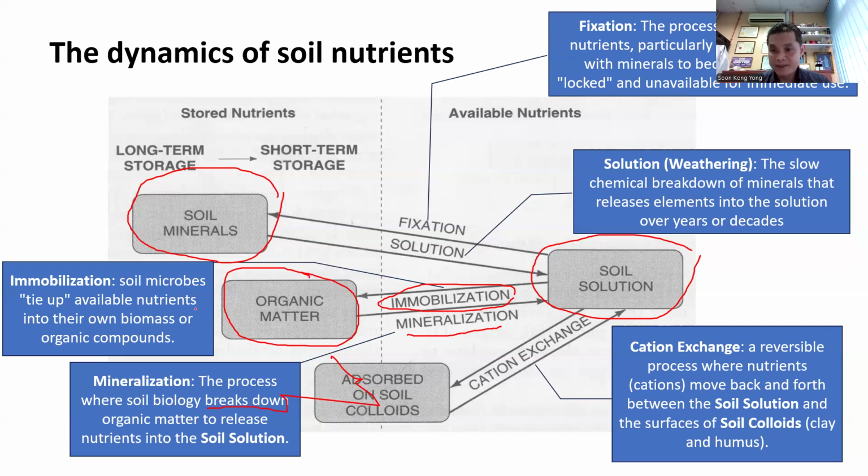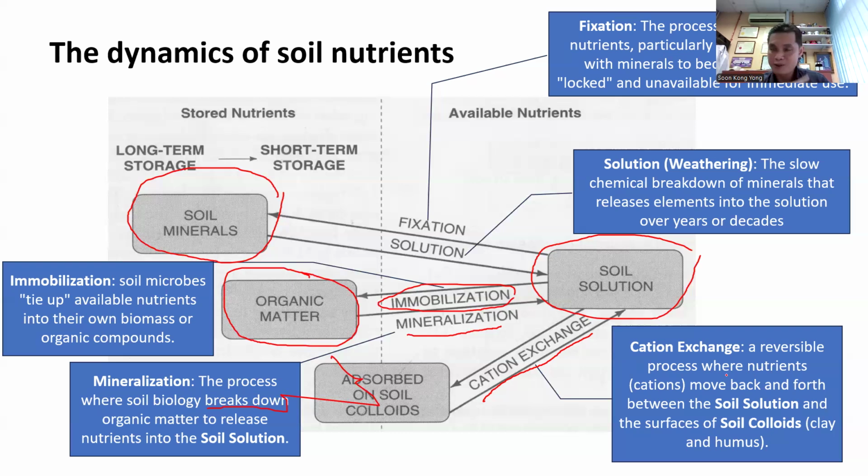Anyway, the last part that I'm going to cover is what happens between the adsorbed ions on the soil and the soil solution. So these are the released cations, and there is an interchange between the liquid phase in the soil solution and the solid phase. Now, this process is called cation exchange. Okay? So it is a reversible process.